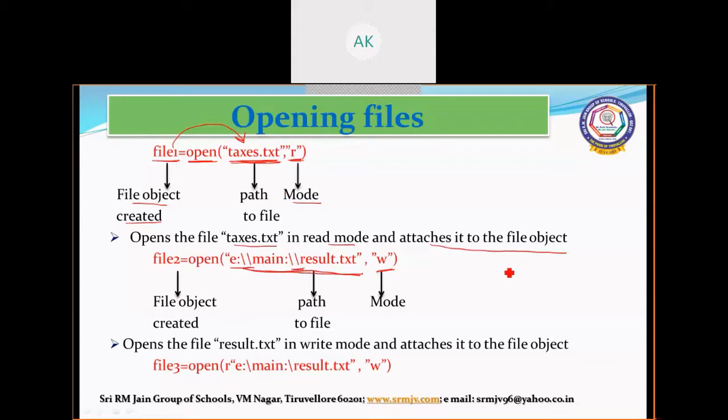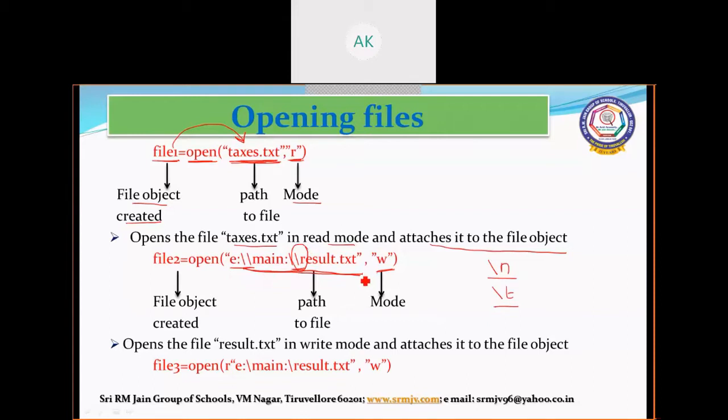Why? Because when a single backslash is given, in the sense of \n, \t, these are non-graphic characters. A single backslash will be treated as a non-graphic character, and it will not search for the file in that particular path.